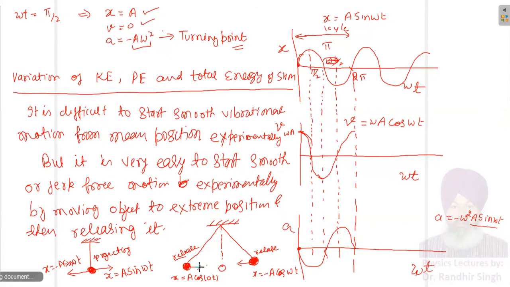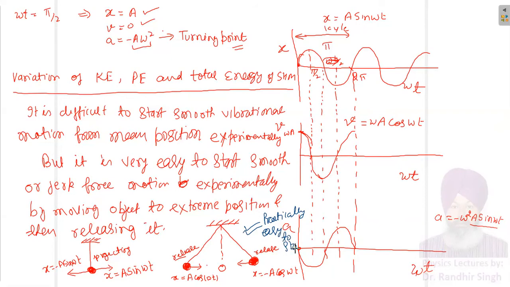The two equations are for extreme position and two equations are for mean position. Although theoretically all these four are okay, practically this one is more easy to create. So this is practically easy to start.